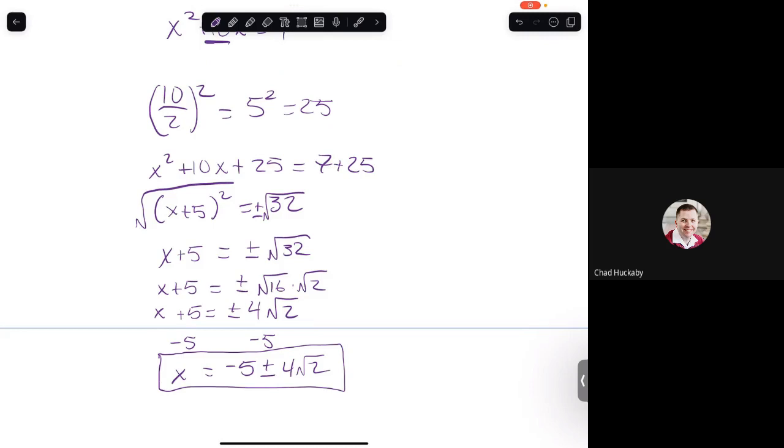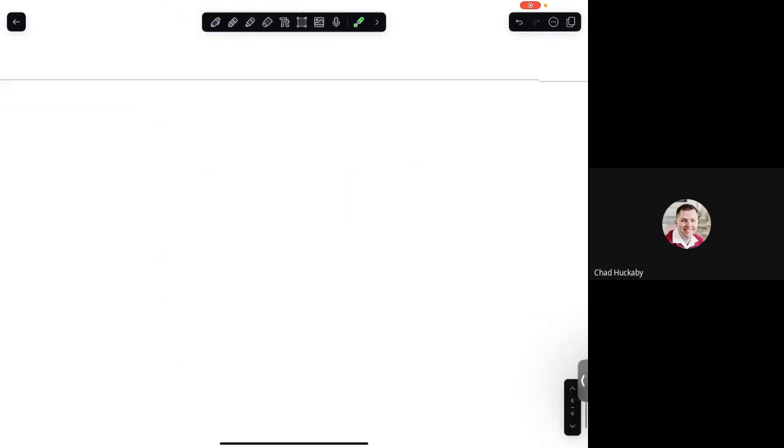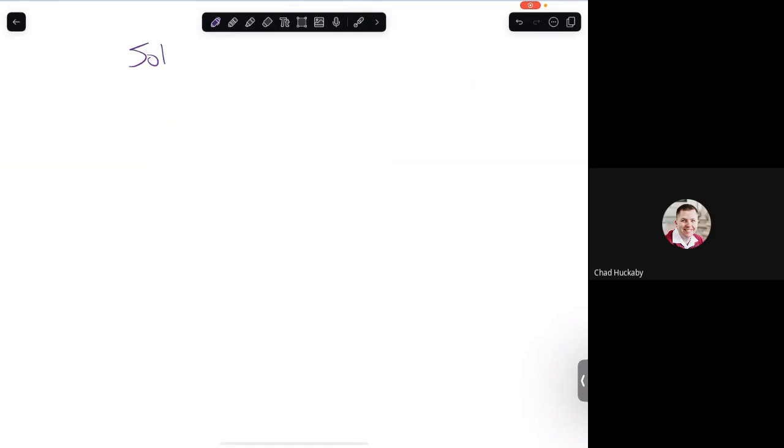Okay, well, we've solved quadratics with 3 different methods. We've got one that we haven't used yet, which is using the quadratic formula. Let's do an example where we solve using the quadratic formula. So solve using the quadratic formula.